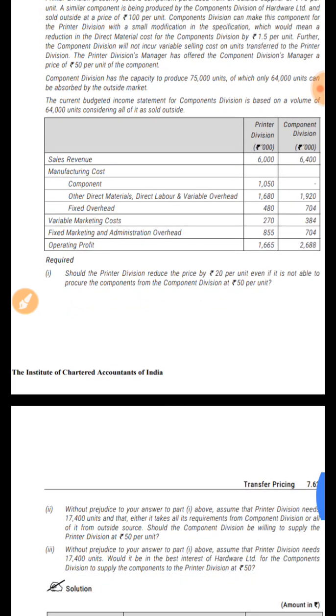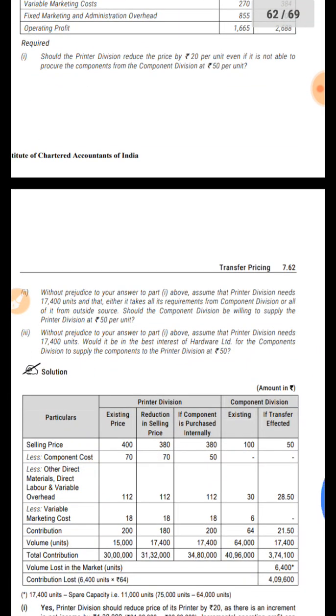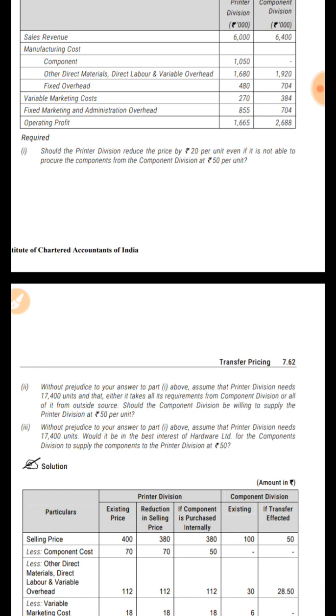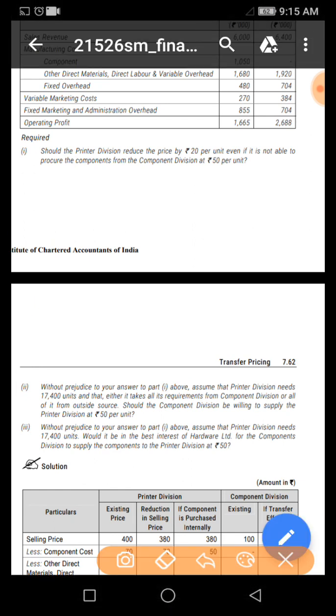Okay, and then if purchased externally or if purchased internally. This is saying even if it is not able to procure the component from the component division at rupees 50 per unit, so if it is not purchased internally, what will be the impact on price?